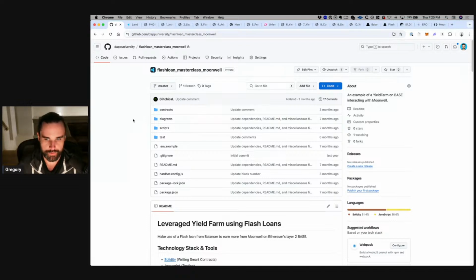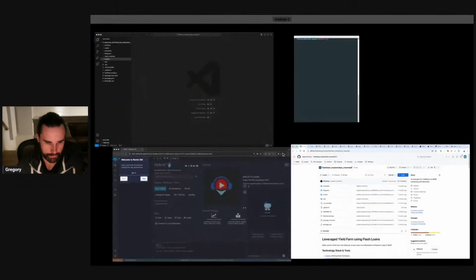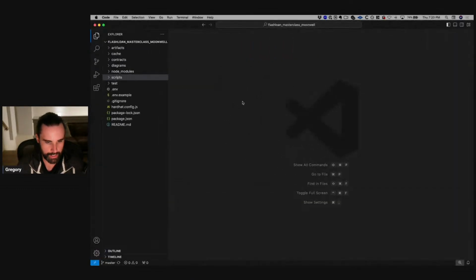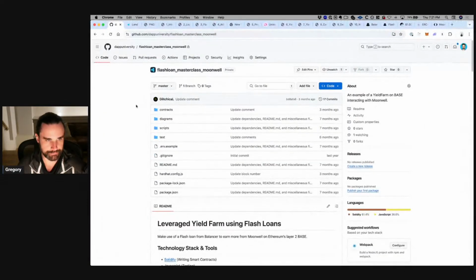So you can go ahead and download that zip file. You can unzip it and you're going to see some code. And you can go ahead and open it up in a text editor like this. I'm using VS Code. You can use whatever text editor you like. And you'll see the same files that I have right here.